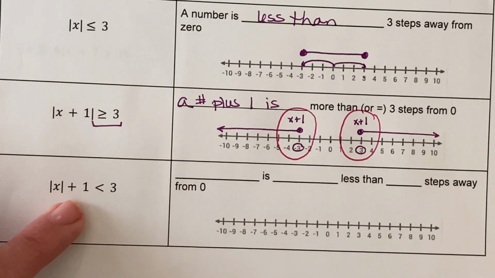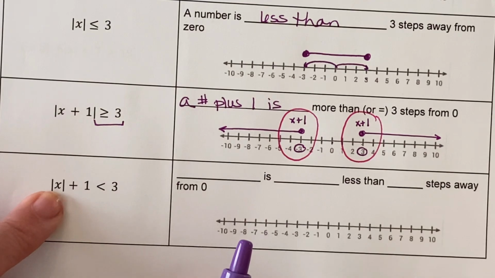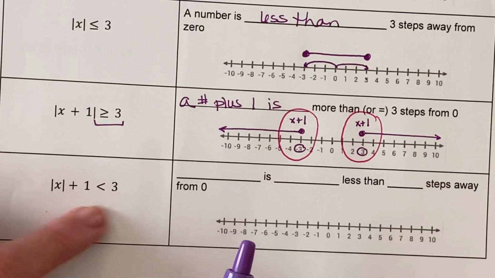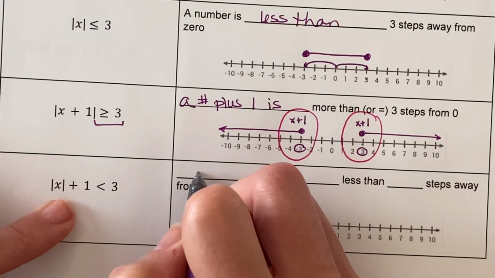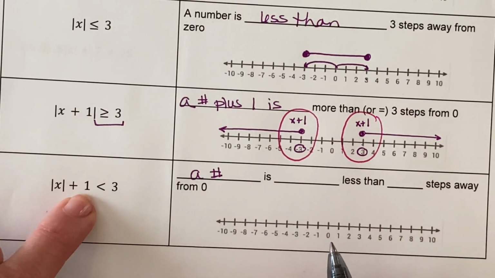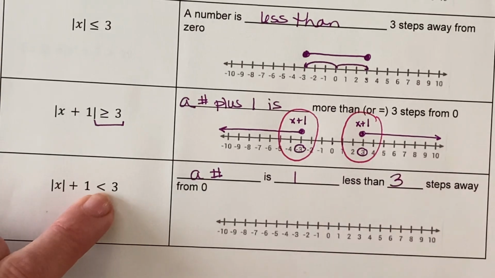Okay, what does this look like? Oh, this is a little confusing. I have a number plus 1, it's less than 3. Okay, this is where it gets confusing, but I have some number, and it's 1 less than 3 steps away from 0.